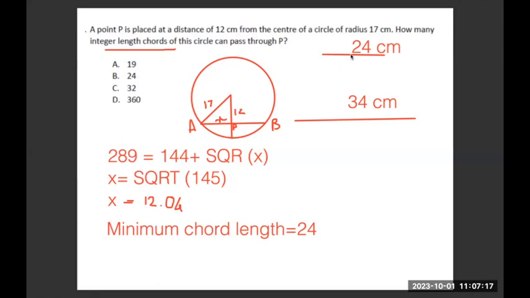All you need to find is the number of integer lengths which come between 24 and 34. 24 is the minimum chord length and 34 is the maximum chord length. So the manner in which the chords will be happening will be like this, on one side and on the other side.